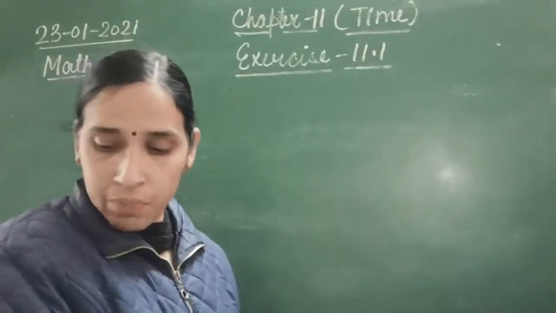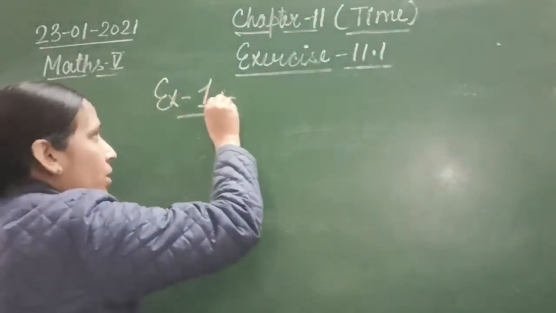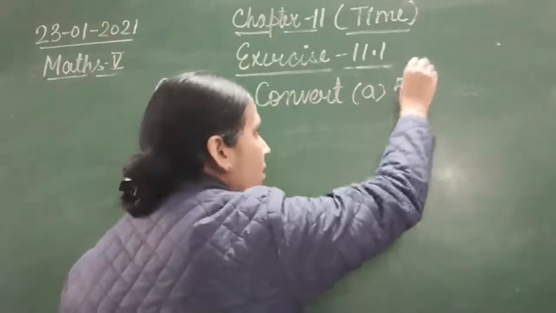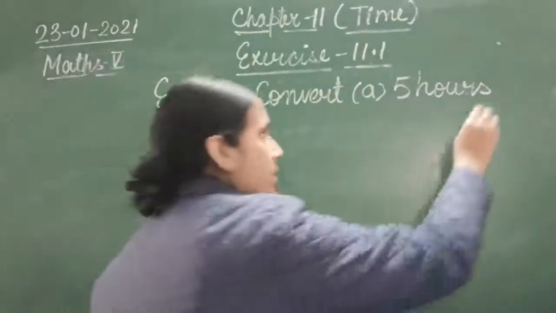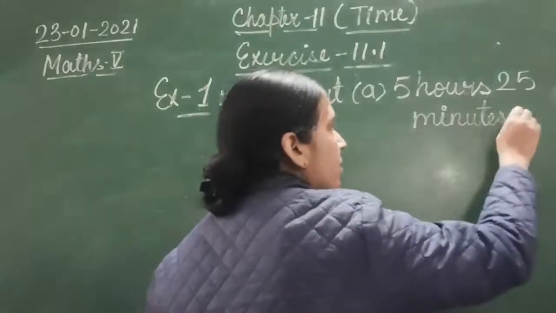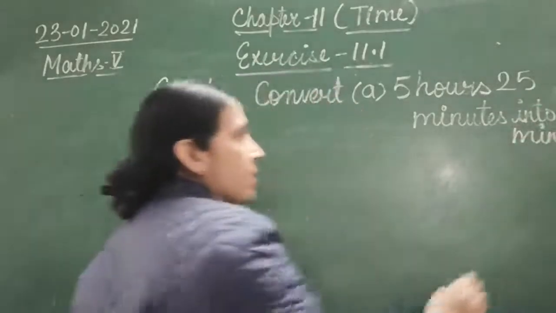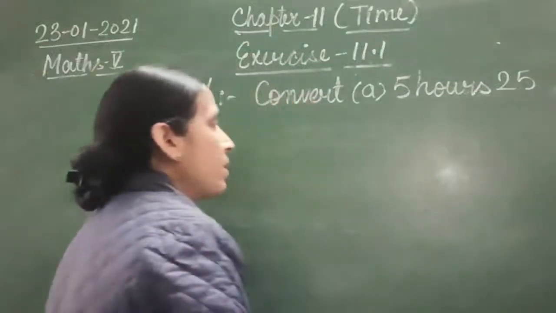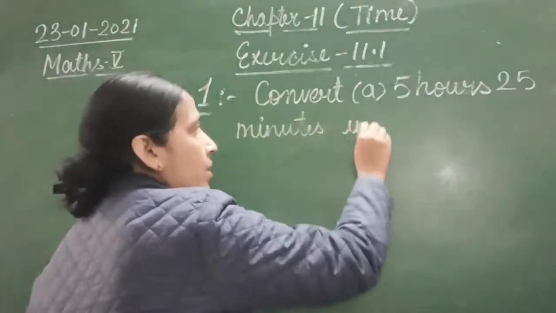We'll start with Example 1, A part: convert 5 hours 25 minutes into minutes.